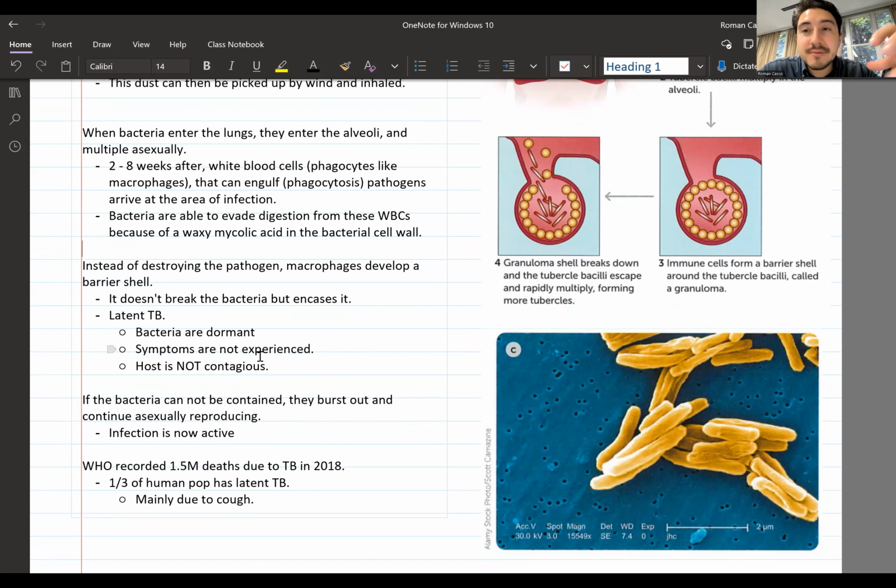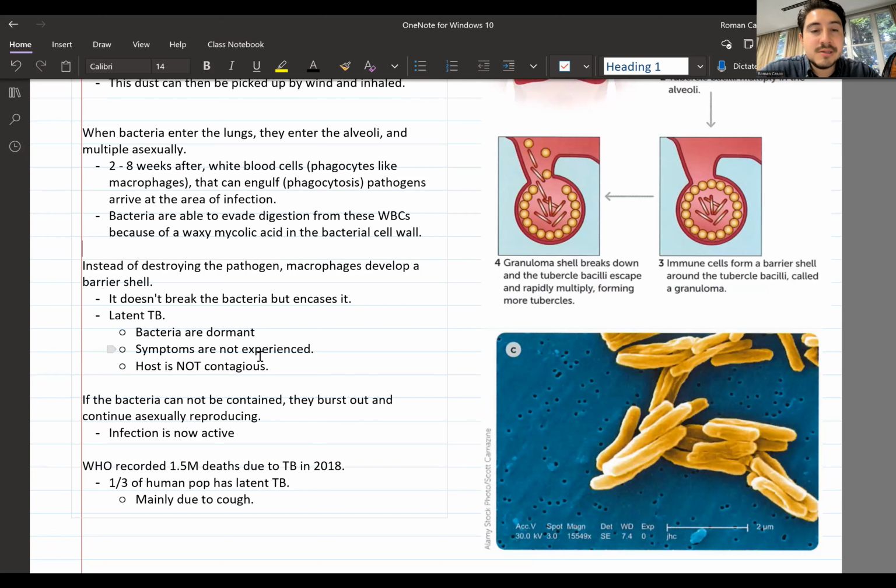That encapsulation of the macrophages gets weakened. They start to wear out. Remember, macrophages are cells, so they could wear out to the point that the bacteria basically can break out of this shell. All right, and at that point, you can become infectious again, contagious.